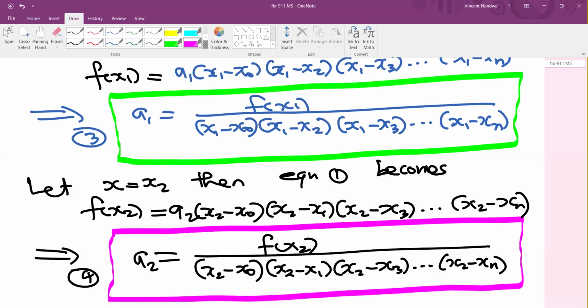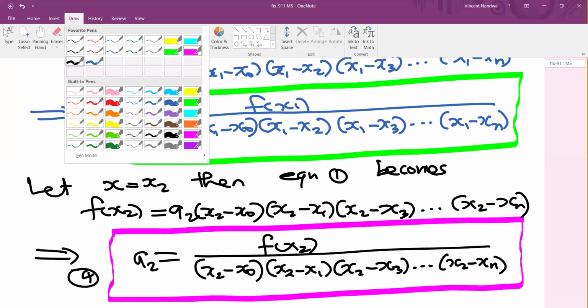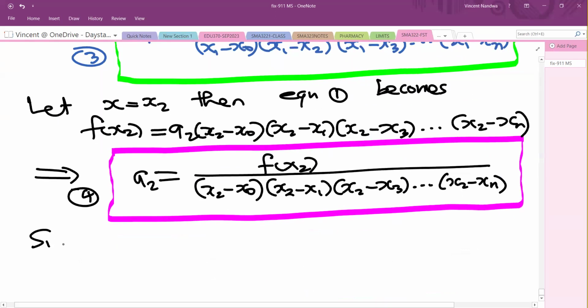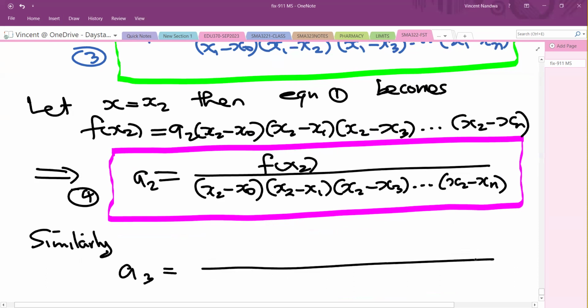At this point, we should be able to predict how a3 will look. So we can say similarly, a3 will be f of x3 divided by x3 minus x0, x3 minus x1, x3 minus x2.